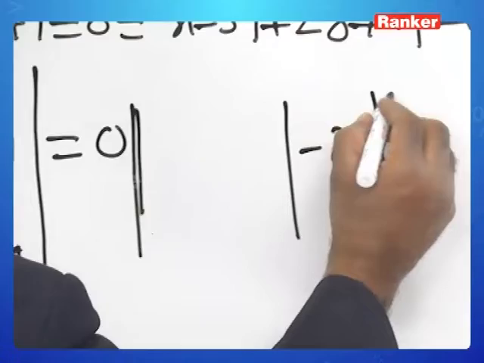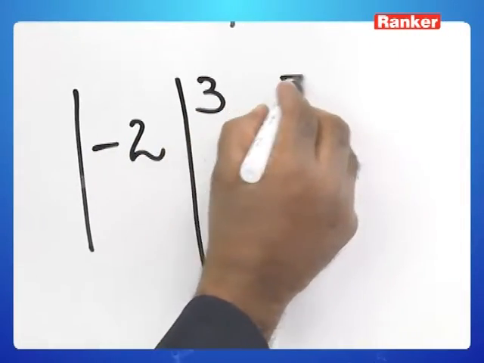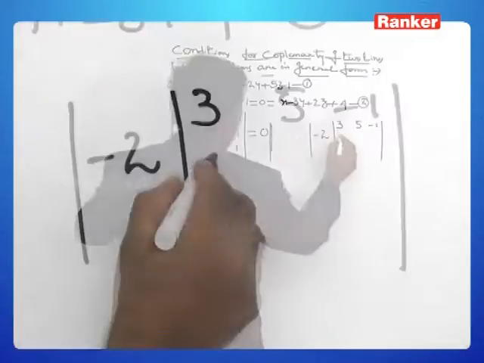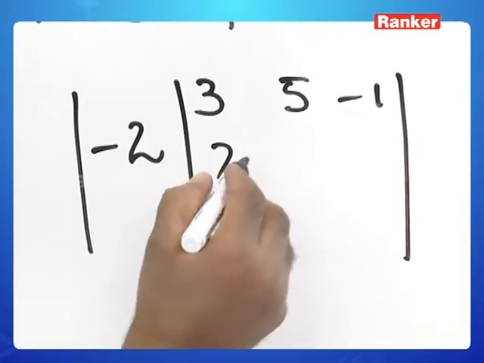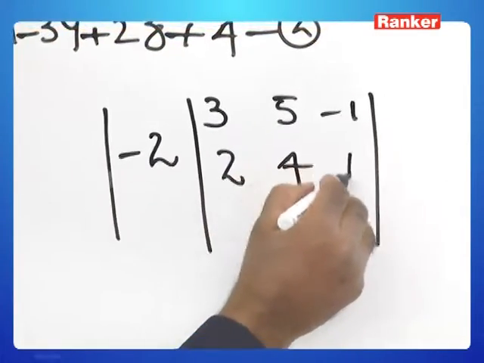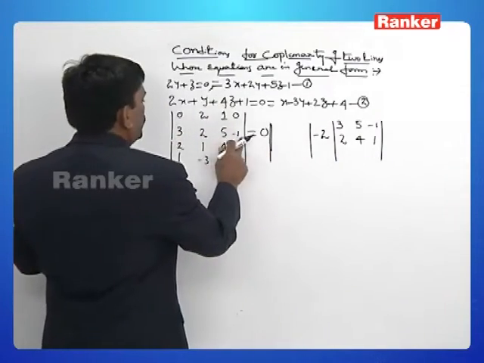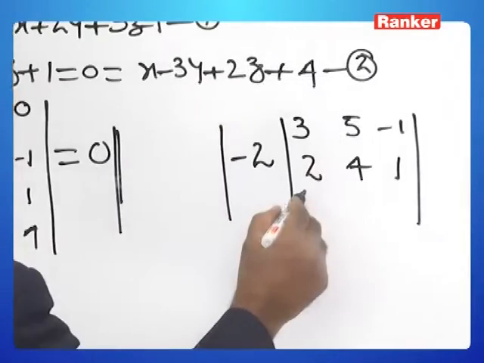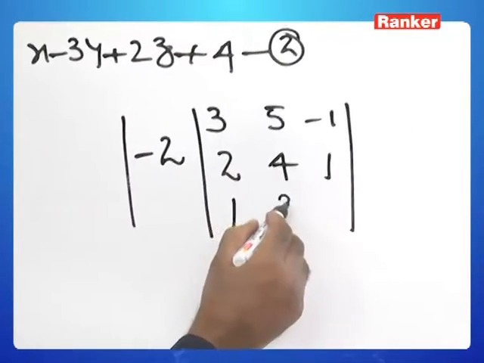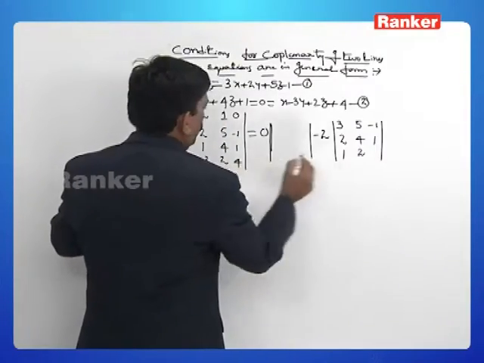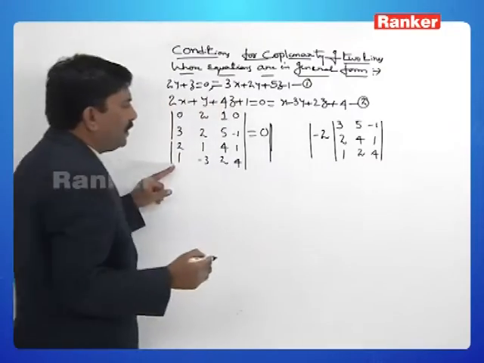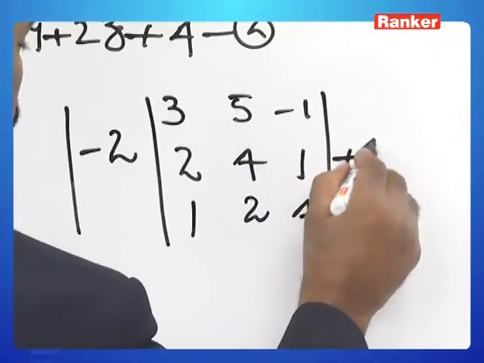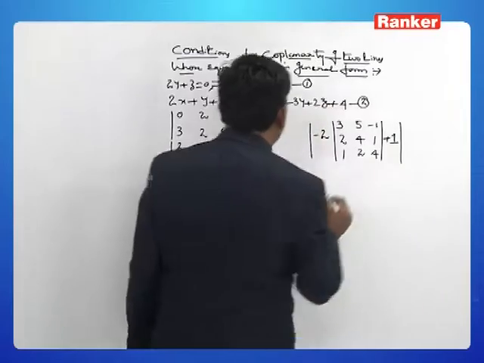I can write 3, 5, minus 1, 2, 4, 1, 1, 2, 4. Right, followed? Next, plus 1 into the determinant.